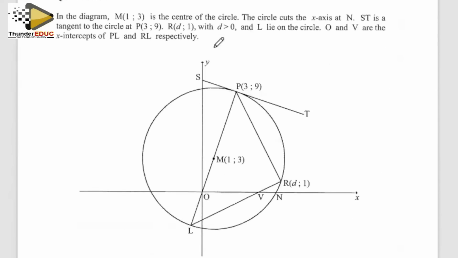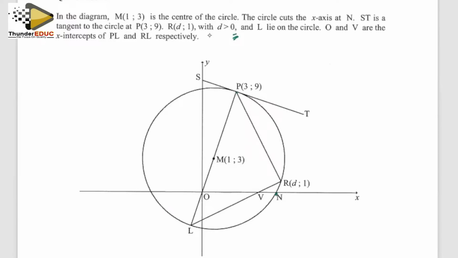Question 4. In the diagram, M is (1, 3), the center of the circle. And then the circle cuts the x-axis at N, we can see that. And then ST is given as a tangent to the circle, with P being the point R is D, where D is greater than 0, which means it's positive.